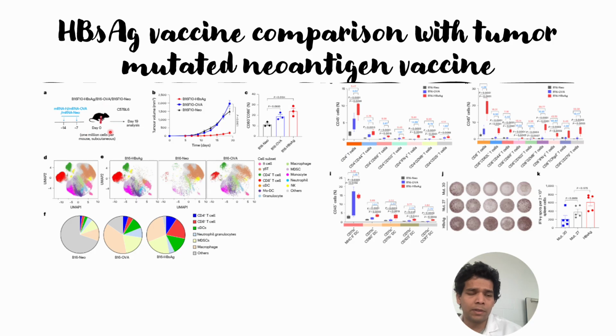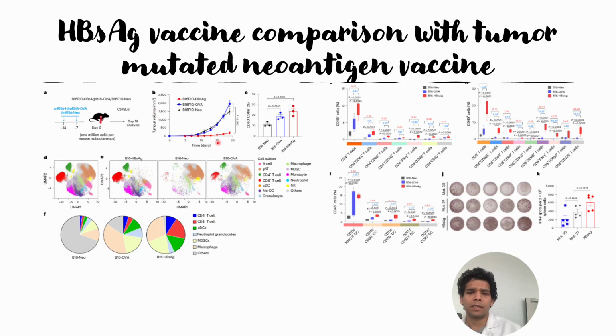After 7 days of their last treatment, they injected the respective tumors, these tumors that contain the HBsAg surface antigens, the tumor mutated neoantigens, and the OVA expressed cancer cells. After 10 days, they analyzed the mice from different points of view that we will discuss.